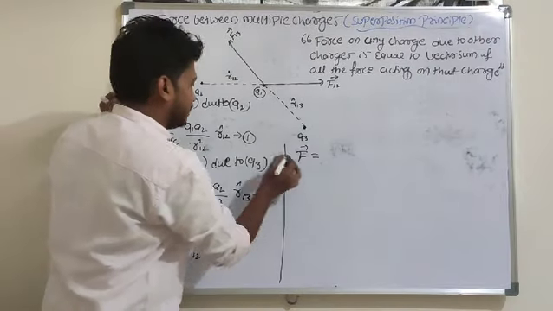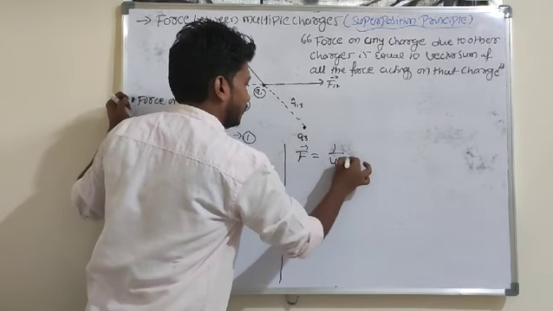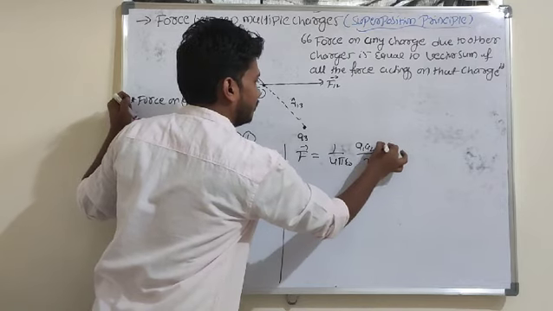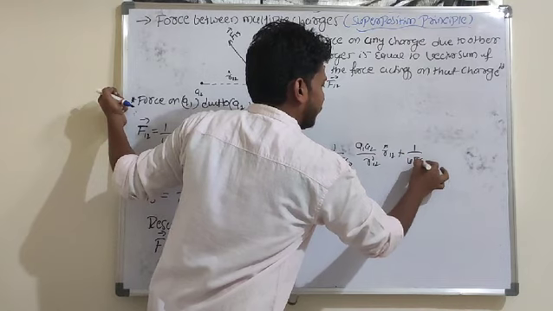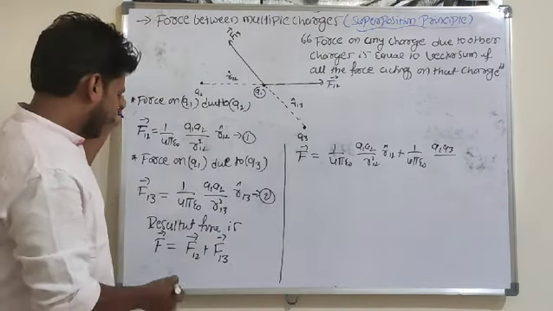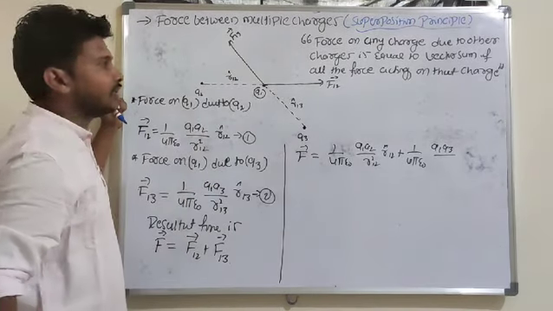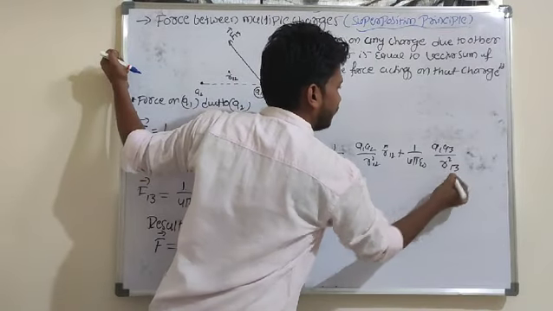F of 1 to 2 is 1 by 4 pi epsilon naught, q1 into q2 by r square of 1 to 2, r cap of 1 to 2, plus 1 by 4 pi epsilon naught, q1 into q3, between q1 and q3, divided by r square of 1 to 3.